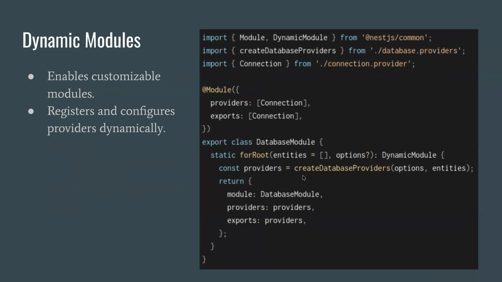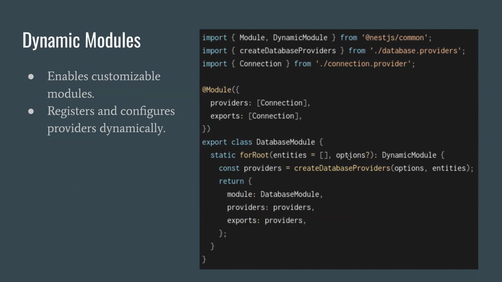Let's look at this database module example. We are importing not just Module from NestJS common, but DynamicModule here. Then we are importing createDatabaseProviders and Connection from the connection provider. We have a module decorator in the DatabaseModule class. We can see that we have a forRoot method that is returning a dynamic module.